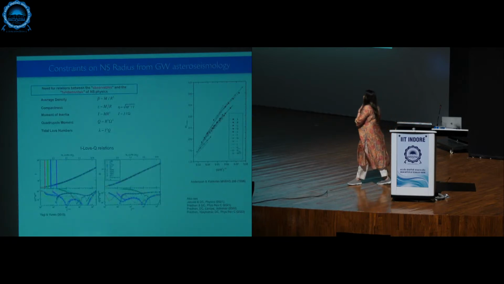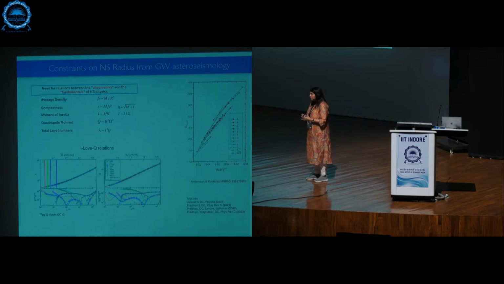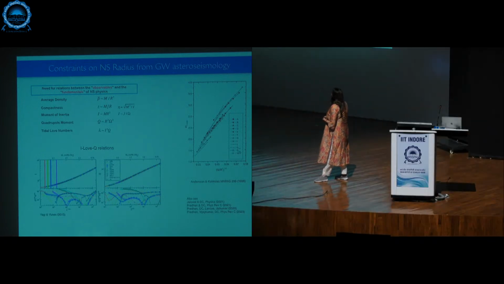Another very interesting possibility to constrain neutron star radius is from what I just told you, from the different oscillation modes of neutron stars.